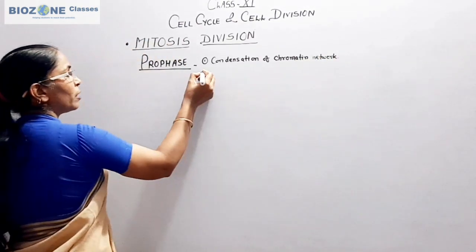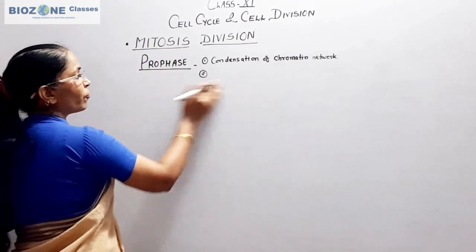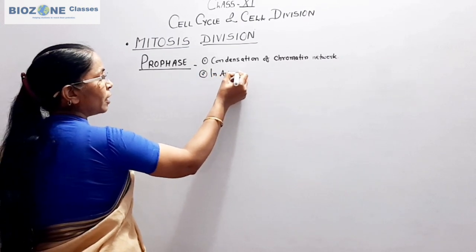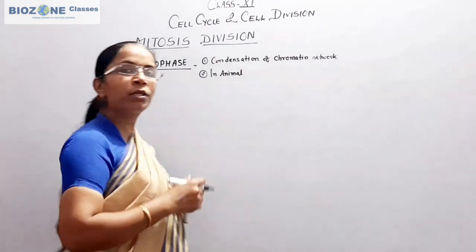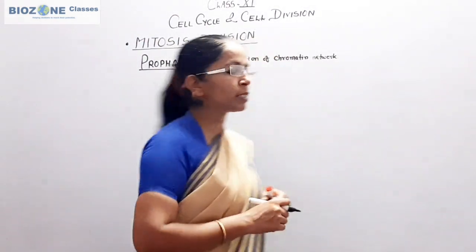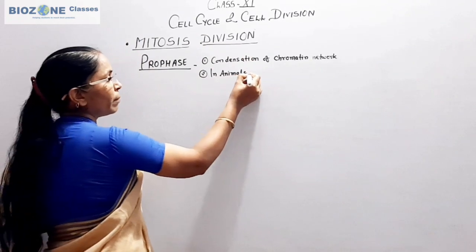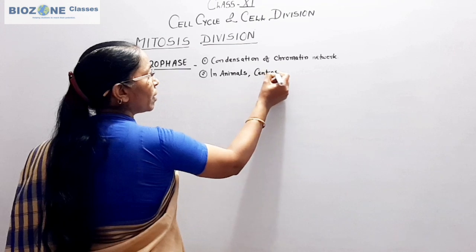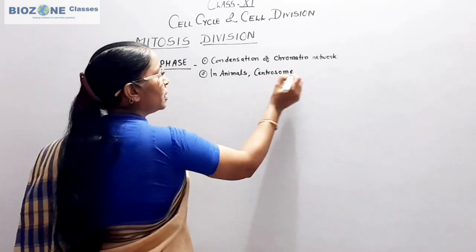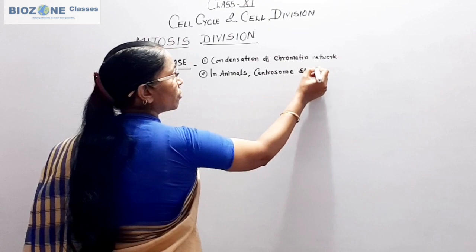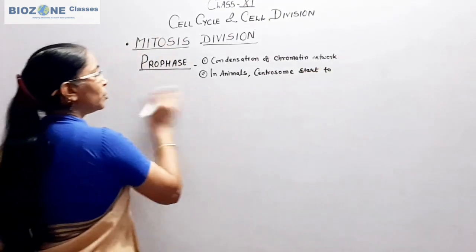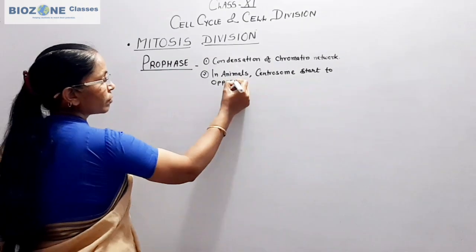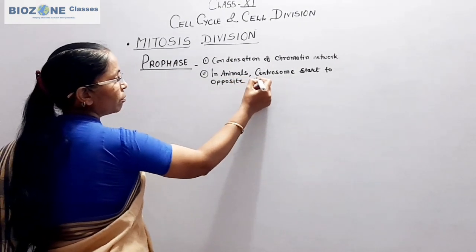Second feature you remember: slowly in prophase, predominantly in animals, this feature we discuss for animals, because centrosomes are only present in animal cells. So in the animal cell, the centrosome, a pair of centrioles you can say, starts opposite polar movement.